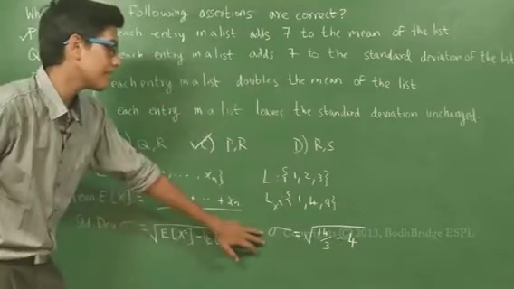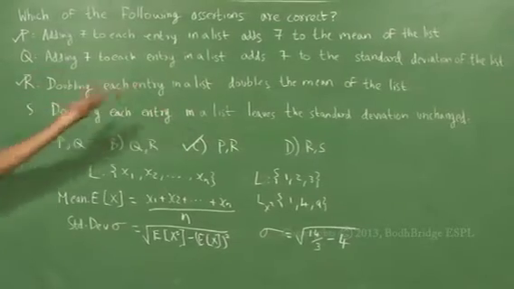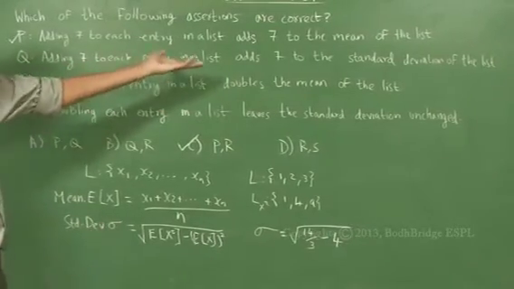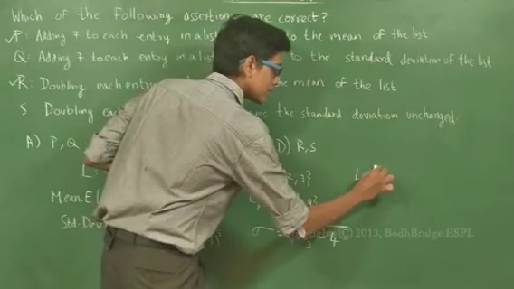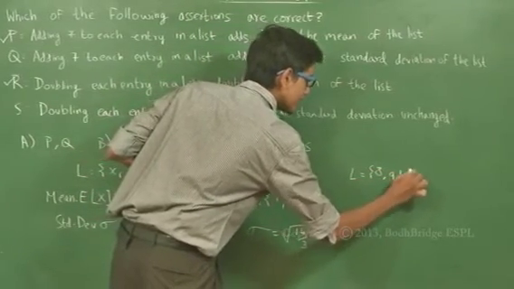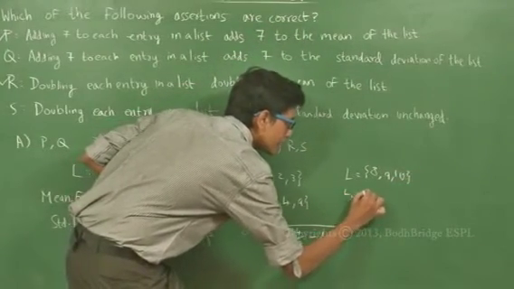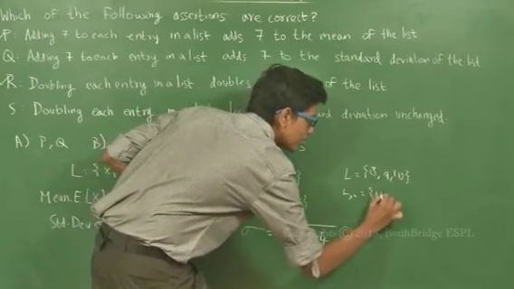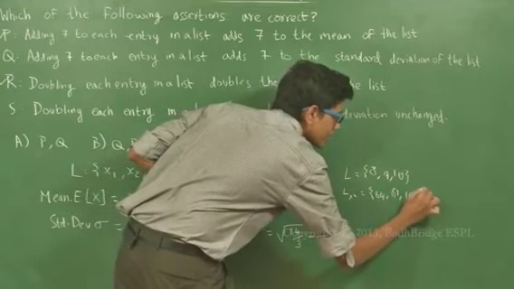So this is sigma. Now take assertion Q, add 7 to each entry in the list. The list becomes 8, 9, 10. The list of x squared becomes 64, 81 and 100.